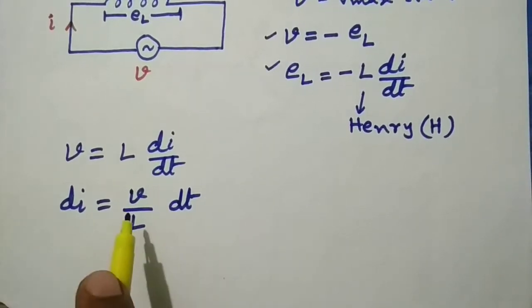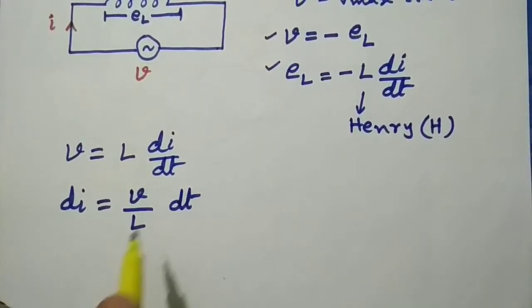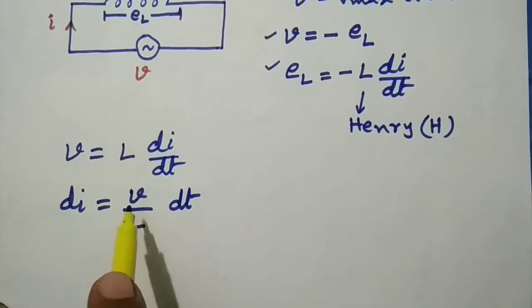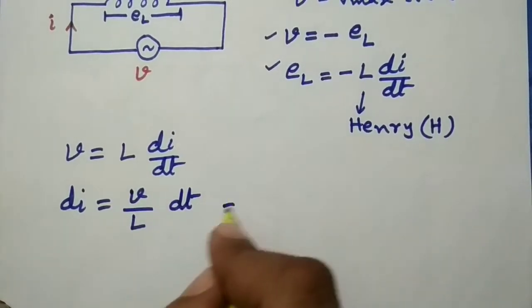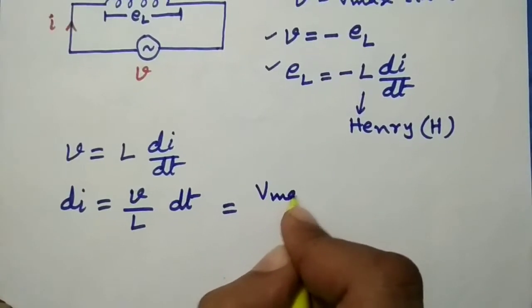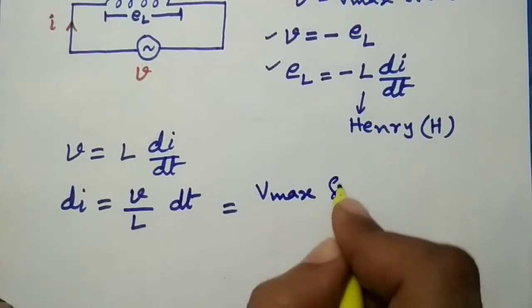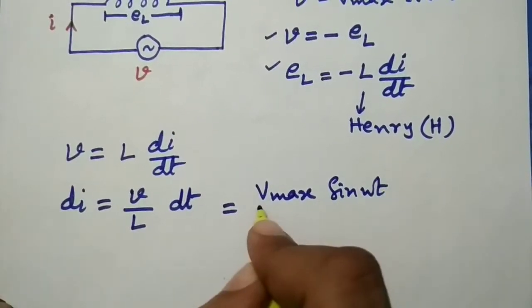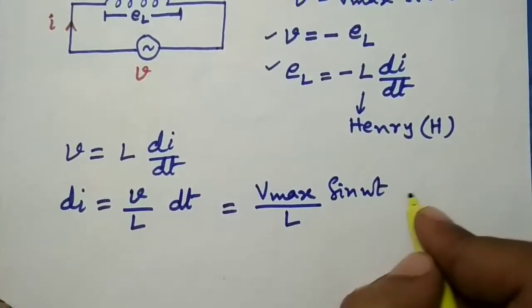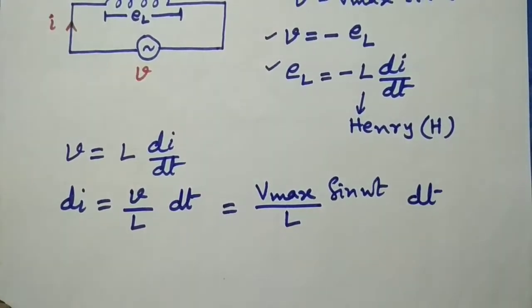Now put the value of V here. So it will be V max sin omega t upon L dt.